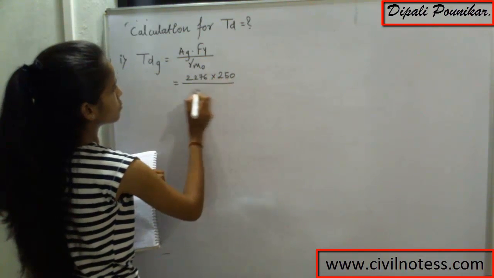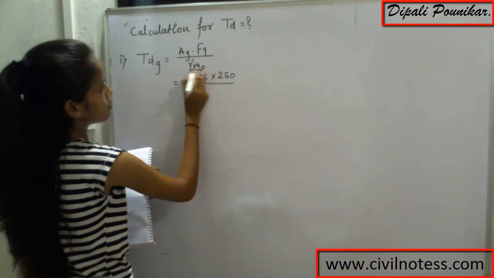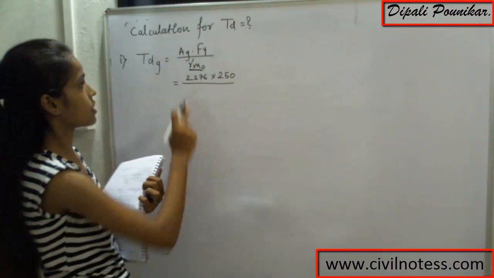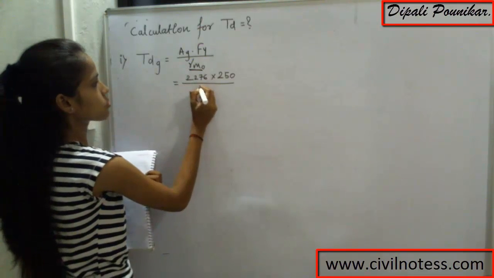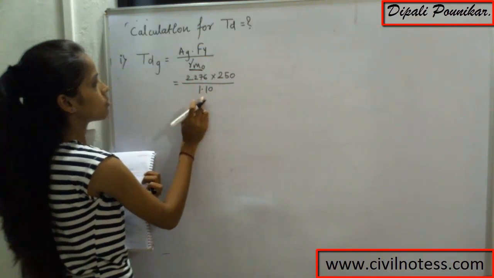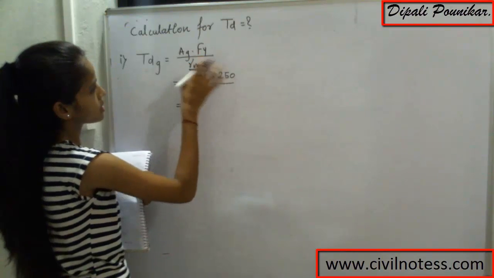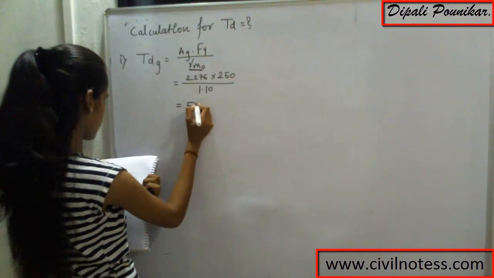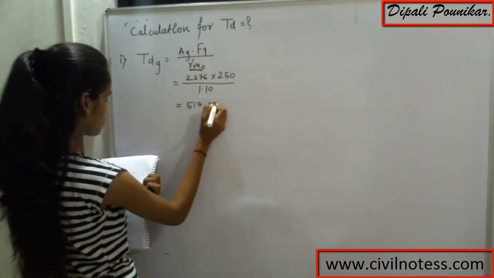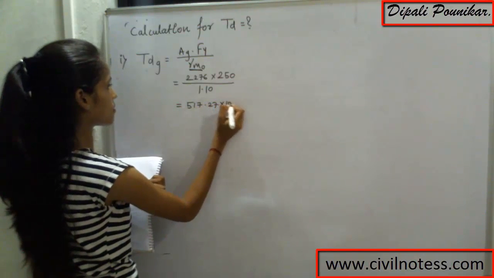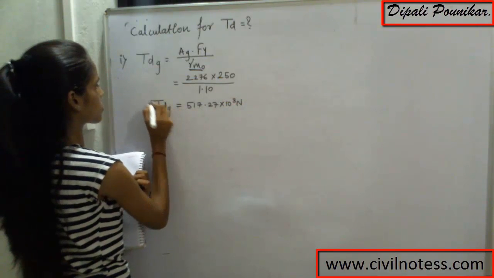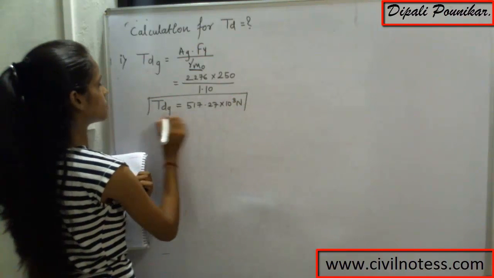Fy equals 250 and gamma m0, which is also given in IS 800 2007 on page number 30, is 1.10. After this calculation, we get the value of TDG, that is 517.27 into 10 to the power 3 Newton. This is the value of TDG.